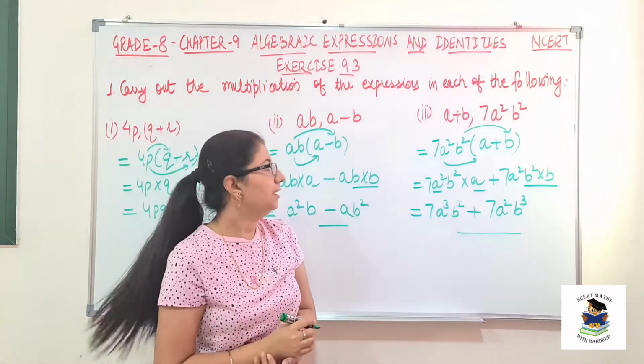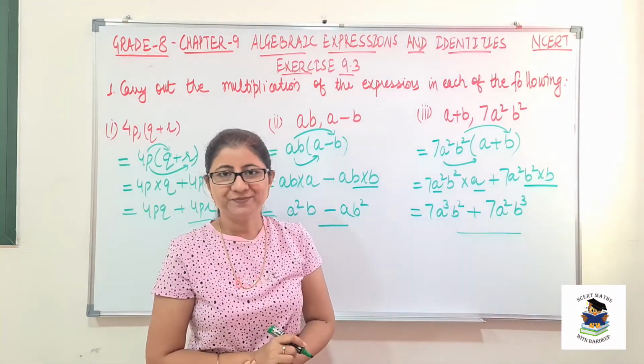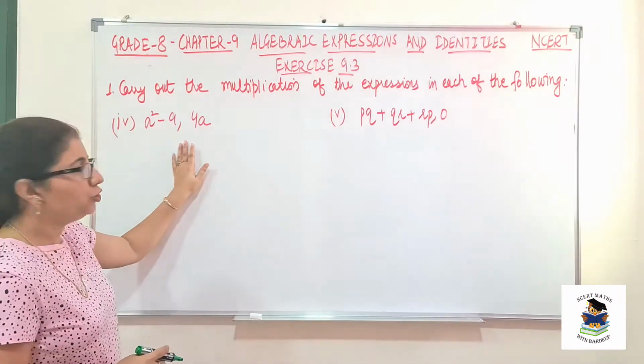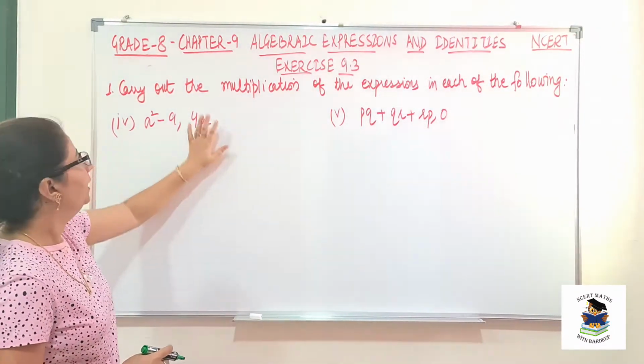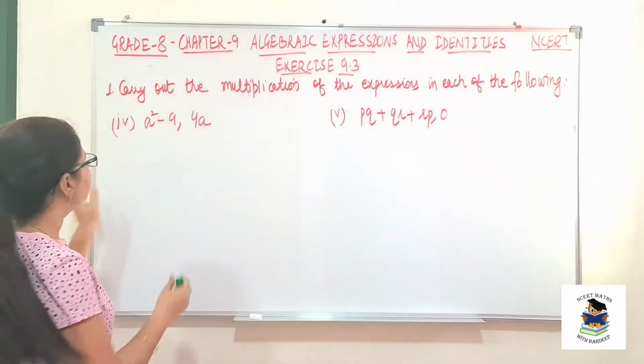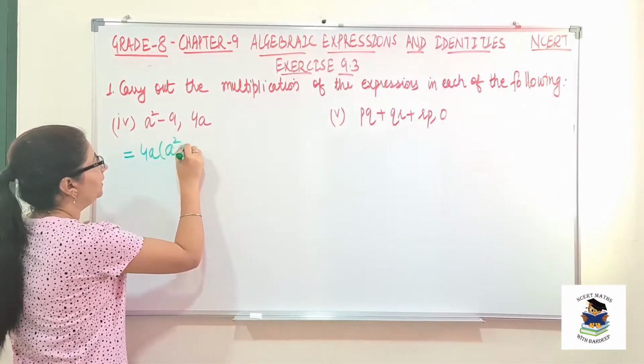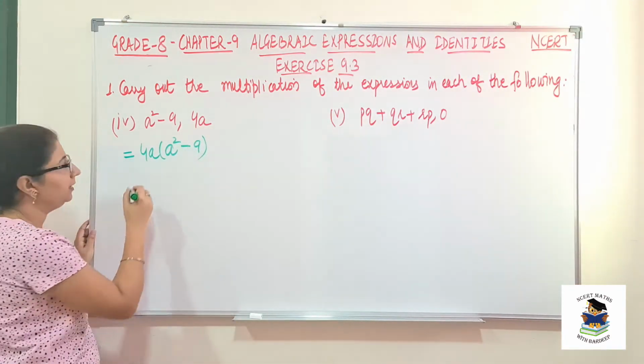Now let's do the remaining parts of this question. So now let's see our fourth part, that is a square minus 9 should be multiplied with 4a. Again I will write the monomial first. So 4a multiplied by a square minus 9.